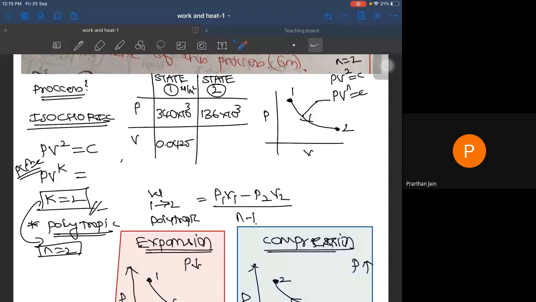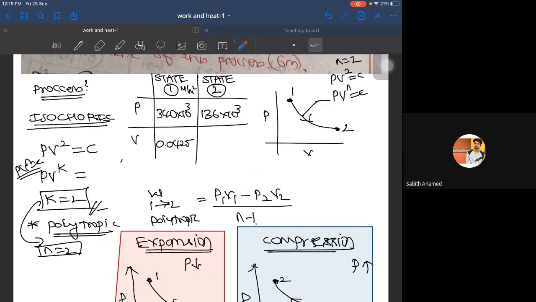Now, in order to calculate work done, what is the hindrance that I observe? That means what is the lack of the parameters that I observe? Do I have the value of P1? Yes, I have the value of P1, correct? Do I have the value of V1? Yes, so the value of V1 is there.